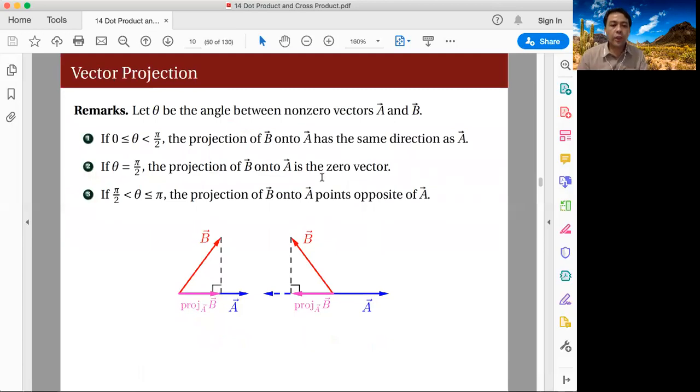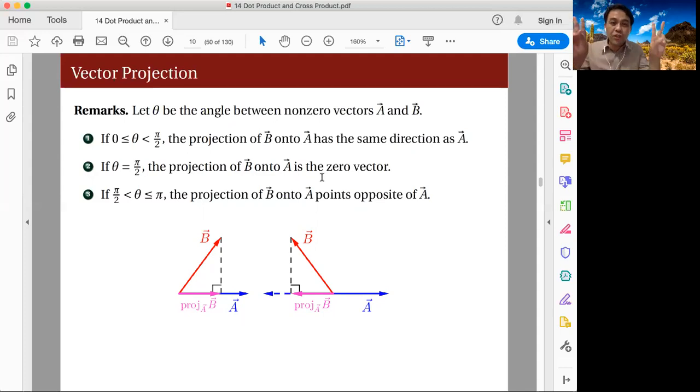Okay, so as I had said earlier, if the angle they make is acute, then the projection of B onto A is in the same direction as A. If the angle they make is pi over 2, then the projection of B onto A is just the zero vector. It's just like you're standing at midday and the sun is directly up ahead, and then the shadow cast is straight to your foot.